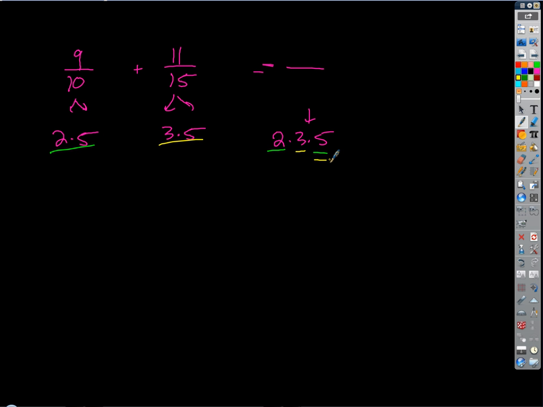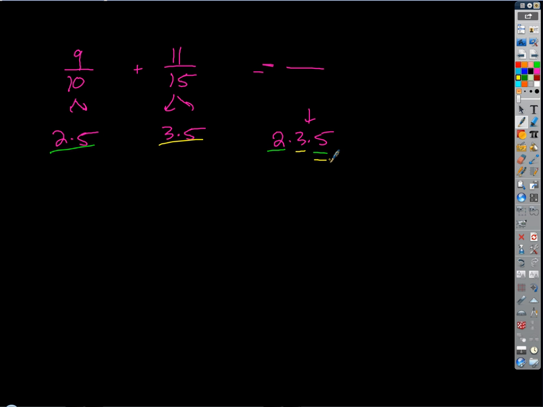The whole point being, I don't need to have the 5 in there again, right? The 5 is a shared factor of both denominators, right? So then in order to get 2 times 3 times 5, Drew, what do I have to multiply this one by? 2 times 3 times 5 in my denominator, because that's the least common multiple of both of these two numbers, right?